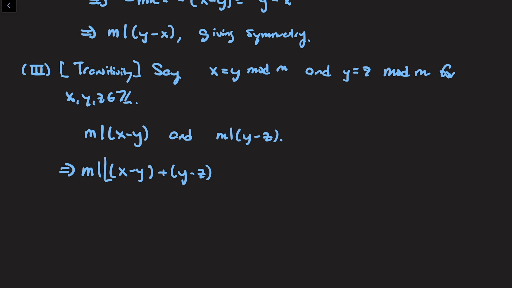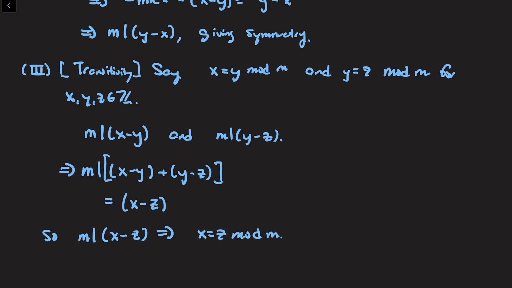If you're not 100% sure about this, I would check that for yourself. But this is just x minus z. So m divides x minus z, which is exactly what it means for x to equal z mod m.